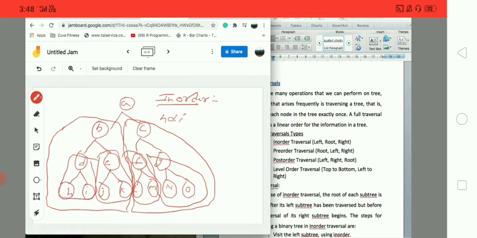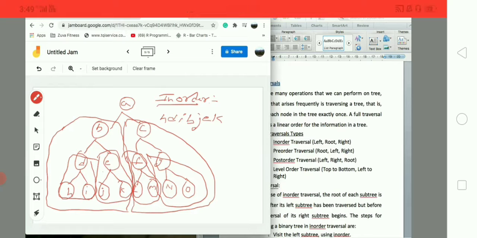It is B. Now we have to visit the right side, that means EJK. For EJK we have to visit first the left node, that is J, after that the root node, that is E, after that K. So here the D subroot and E subroot are finished.